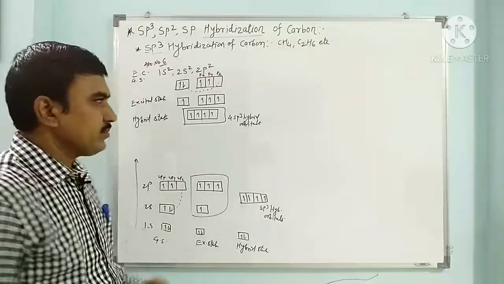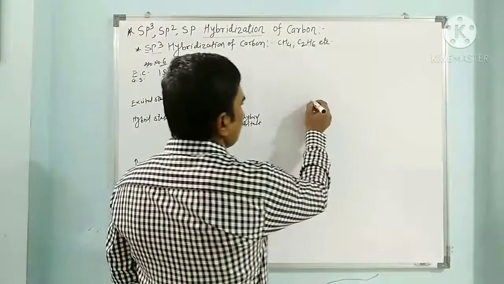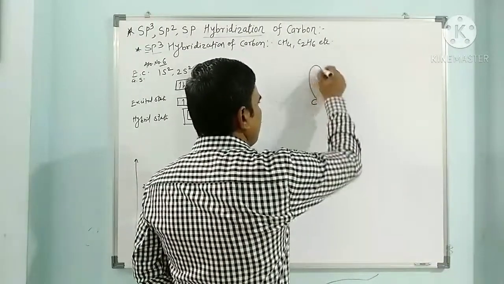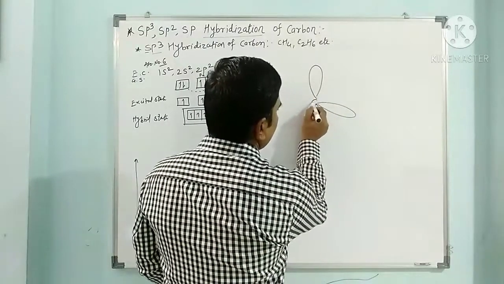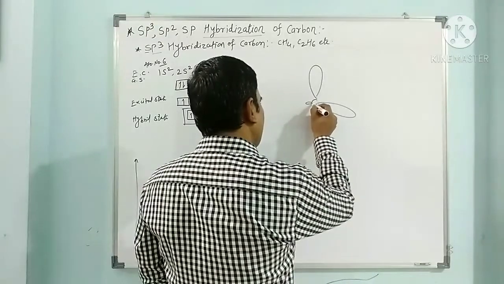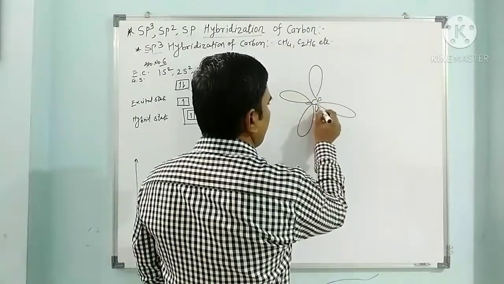From this energy profile diagram we have these 4 sp3 hybrid orbitals. Now see the orientation of these 4 orbitals. Suppose this is the carbon which has this first, this second, this third, and this fourth.